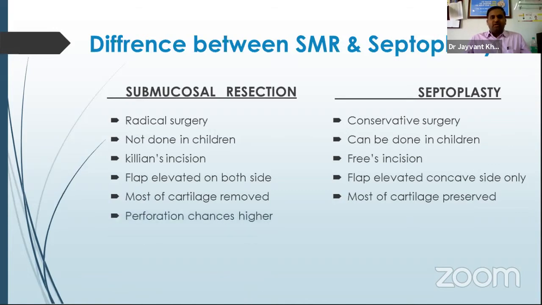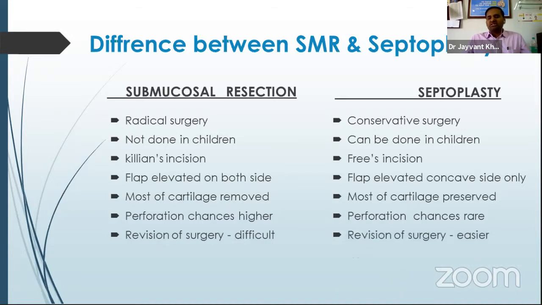Okay. In submucosal resection, perforation chances are higher. Perforation chances are rare in septoplasty. In submucosal resection, revision of surgery is difficult due to total resection of the cartilaginous septal part or bony part.